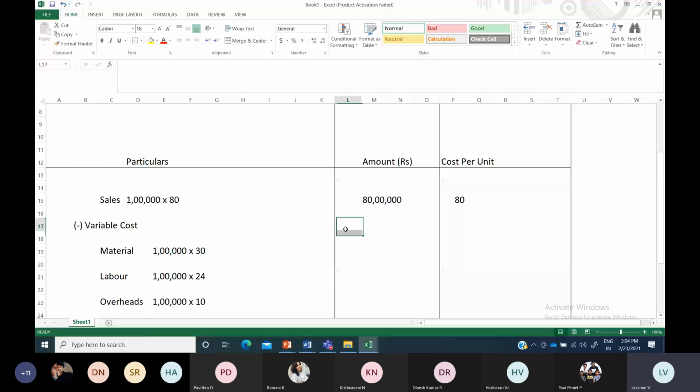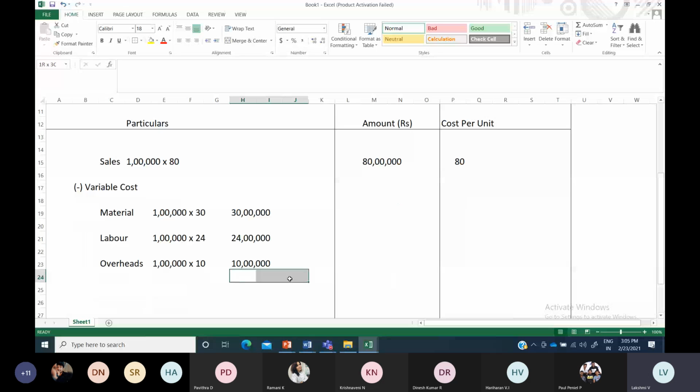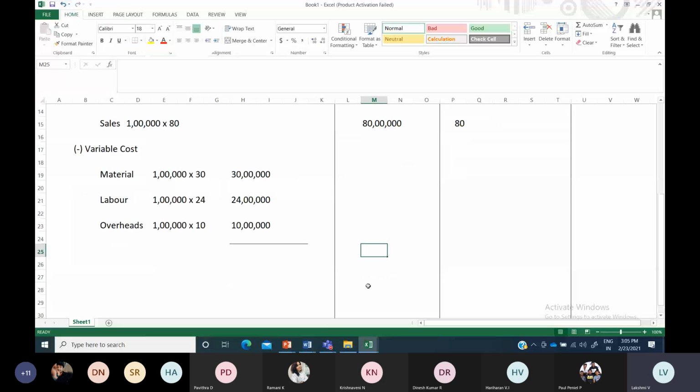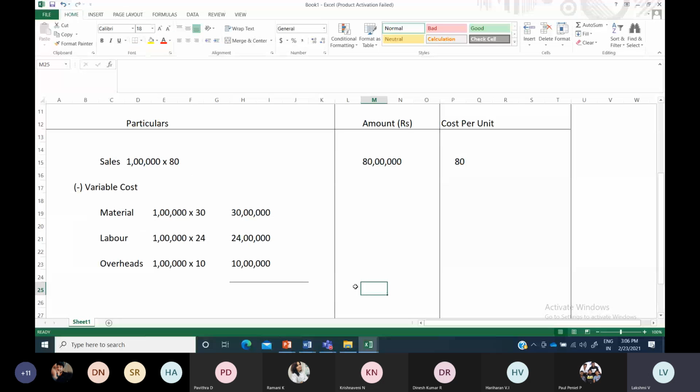Plus 24 is 54, 54 plus 10 is 64. So all these things you have to add and enter the final amount here, because everything is put together only total variable cost. So 64 lakh will come.